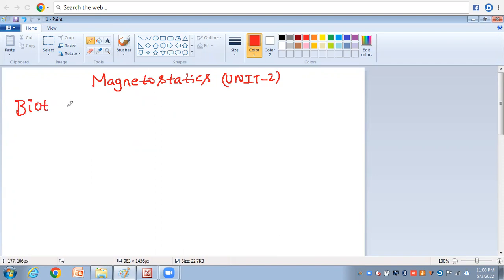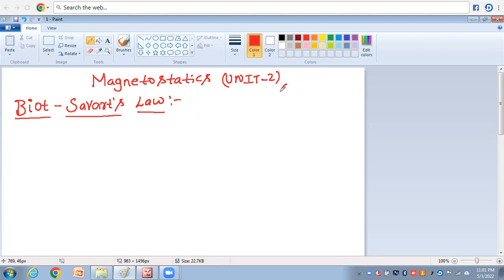Biot-Savart's law. Before going to the definition, first I would like to concentrate on the graphical representation of how the magnetic field dH is produced at a point due to a current element I dl.